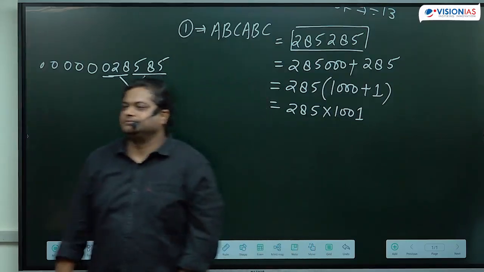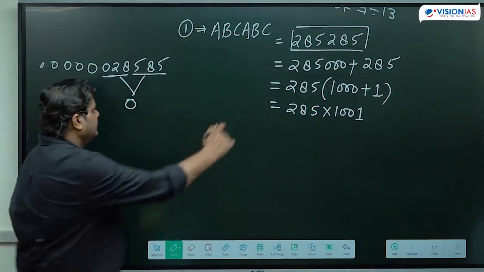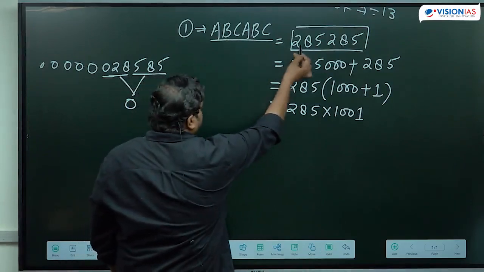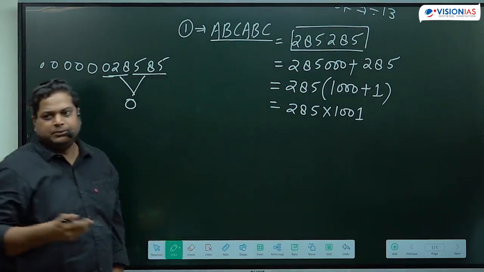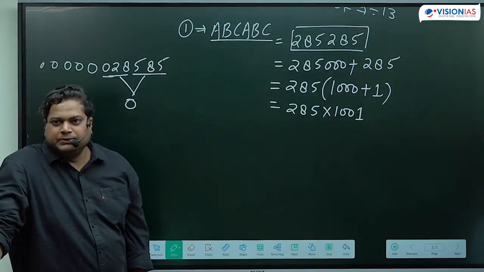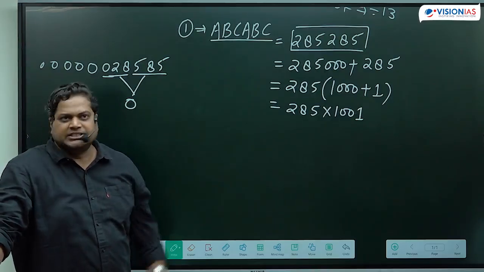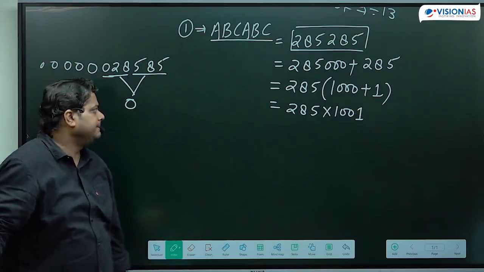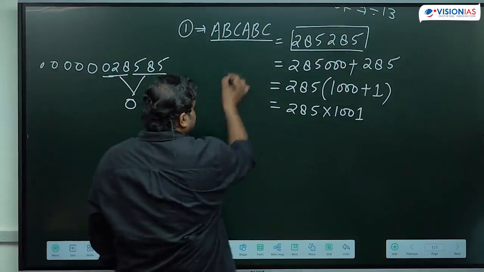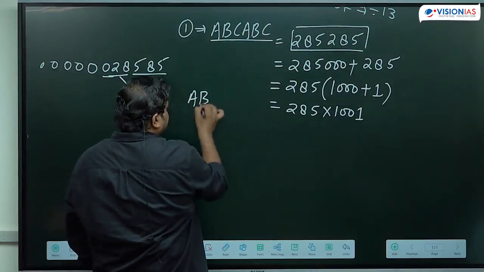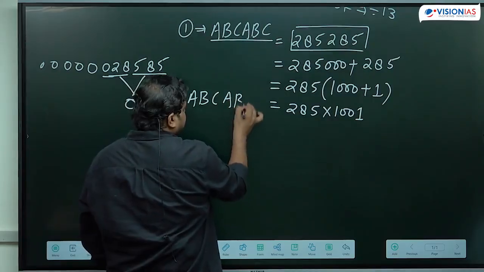अच्छा, तो ABC में 285 के प्लेस पे we can put any number. 123, 132, 432. This way any number we can put. So what we can see, this is for ABC, ABC.